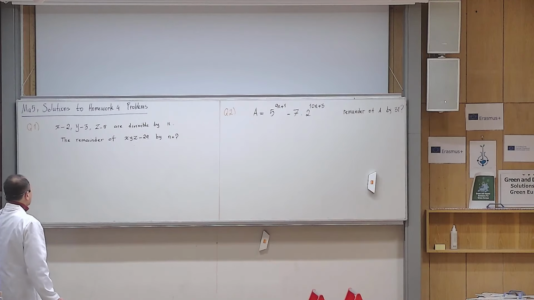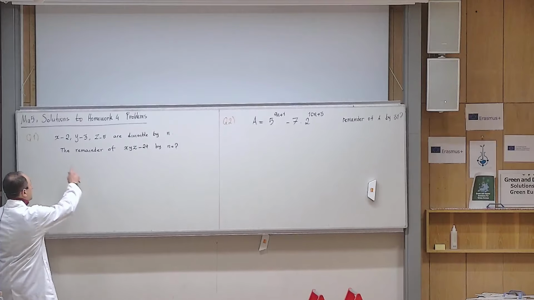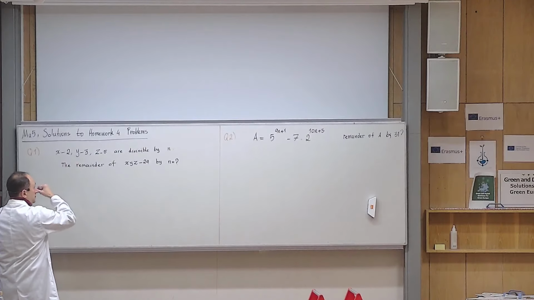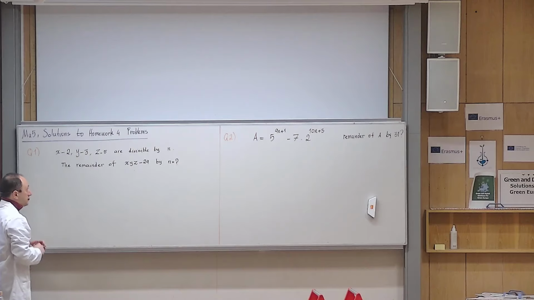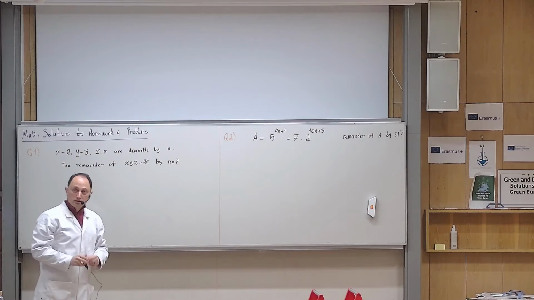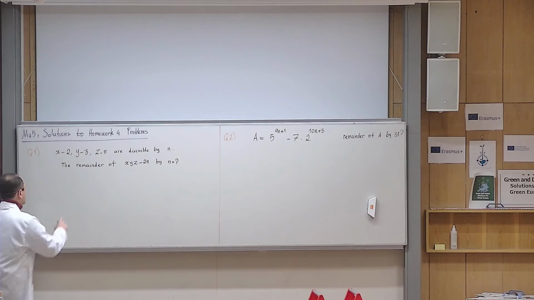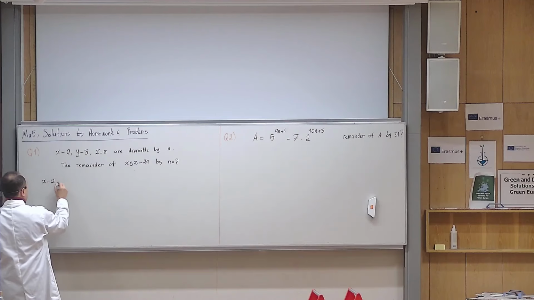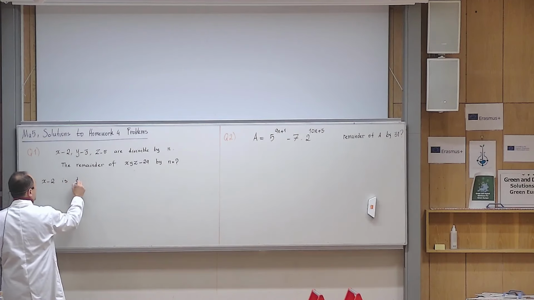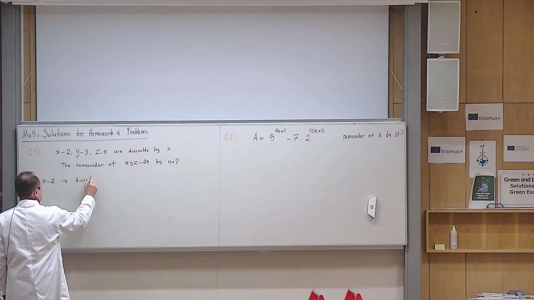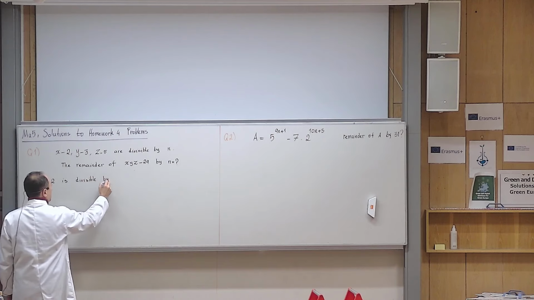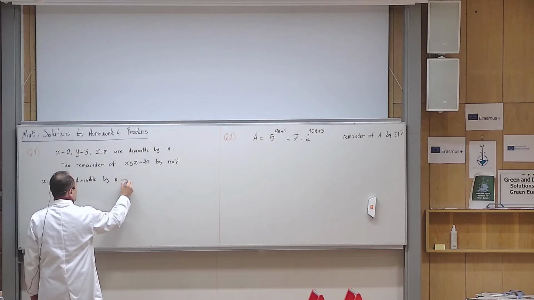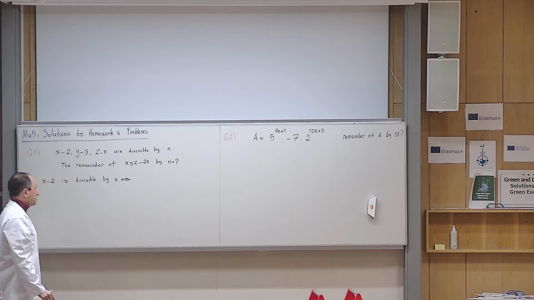Okay, so what should I do? Because this is the homework on modular arithmetic, I want you to use the idea of modular arithmetic here. So when you say x minus 2 is divisible by n, what can I conclude from here in the language of modular arithmetic?